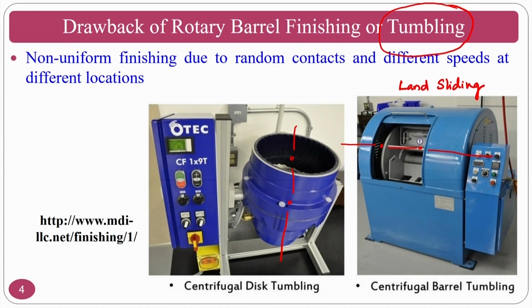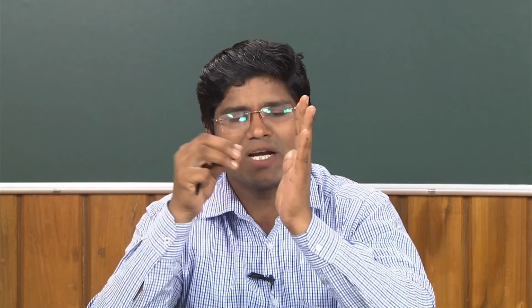Similarly, in the vertical, what will happen if you rotate about a vertical axis? The abrasive particles and the components will rotate and the shearing of the peaks will take place, and there is a chance of burnishing also. The abrasive particles will continuously hit or shear. There are two mechanisms, one can shear, another can burnish. That means it will deform the surface peaks.